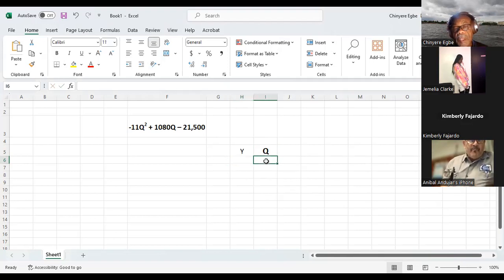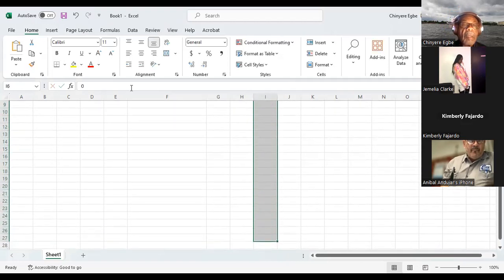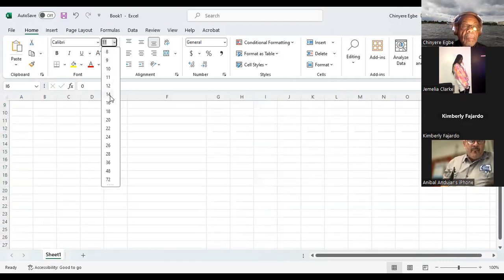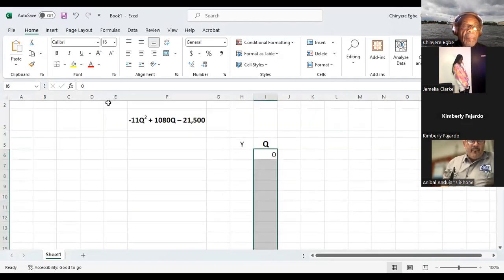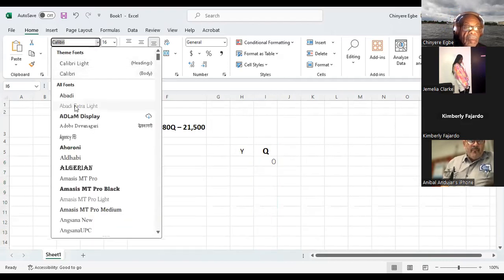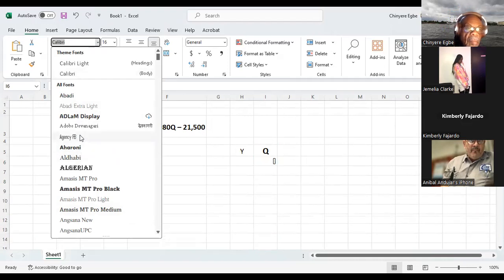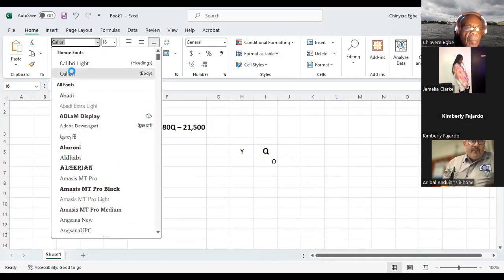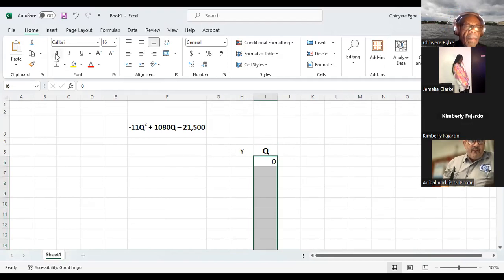And so I'm going to take a range of values. I'm going to start from 0, since there's a fixed cost and your profit will be minus the fixed cost at that point.